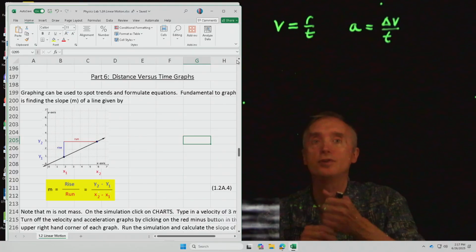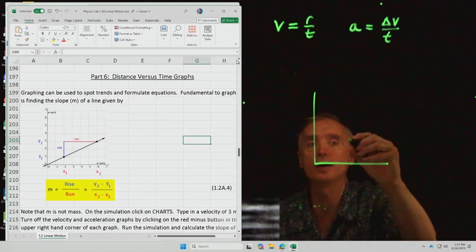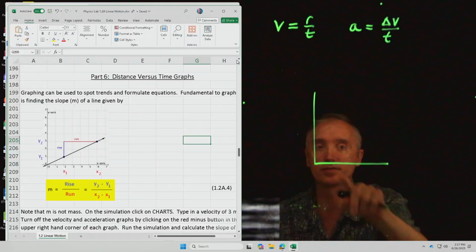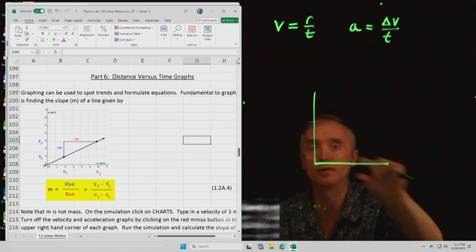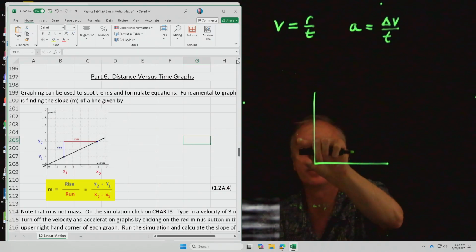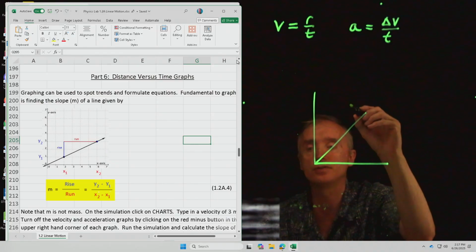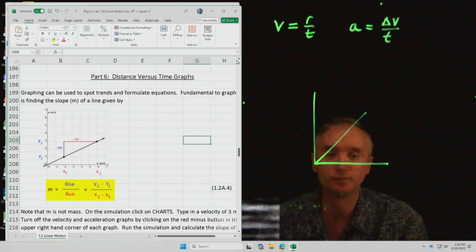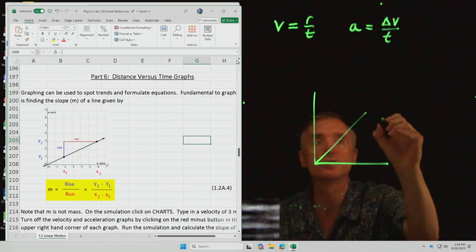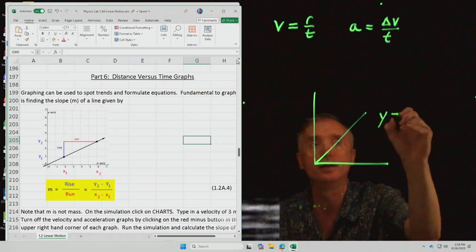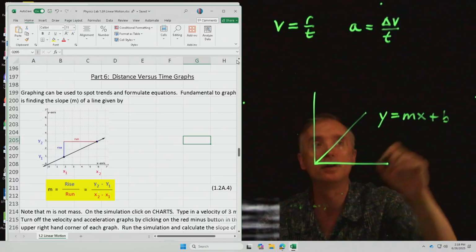So let me show you what I mean here. Let's pretend that somehow a scientist has gotten some data and knows the numbers that go down here and knows the numbers that go up here. And then they somehow manage to turn it into a straight line. Well, there is an equation for a straight line. So the equation is y equals mx plus b.